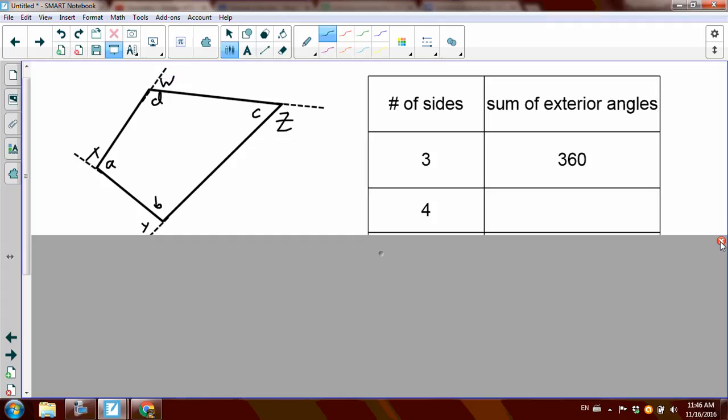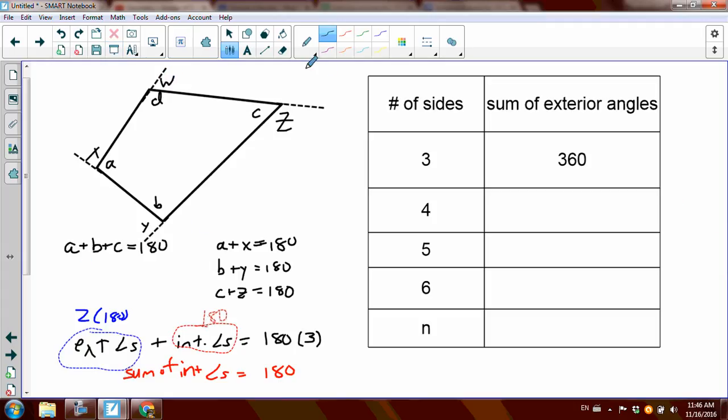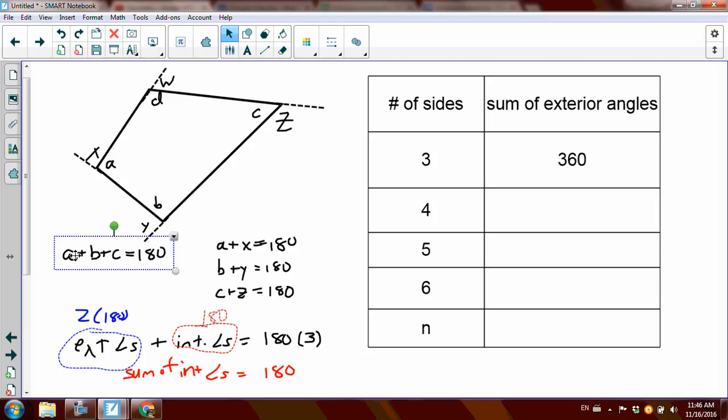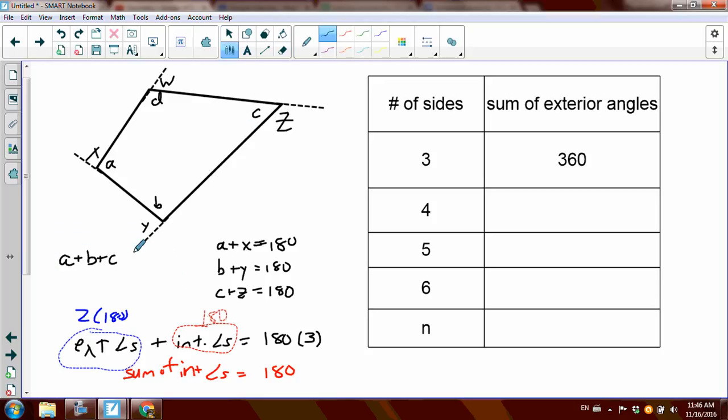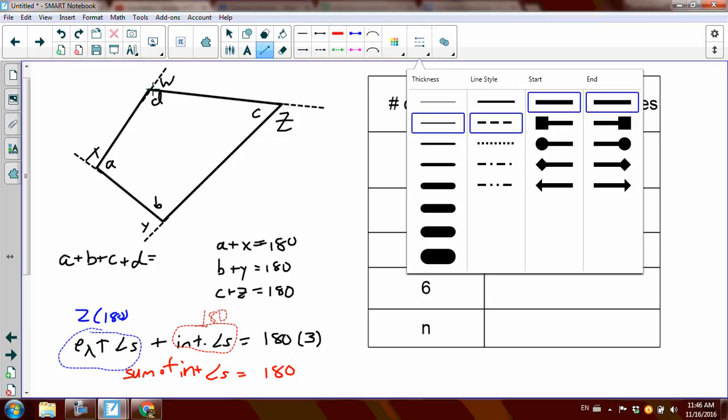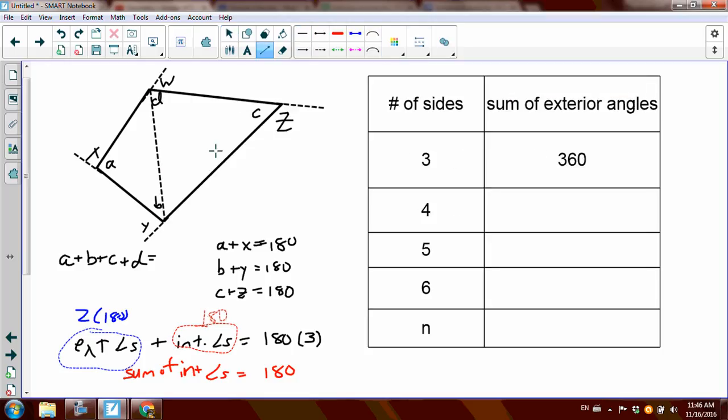And then I can just use some of these equations. A plus B plus C plus D. Remember from the interior angle sum, we can break that quadrilateral up into two triangles.